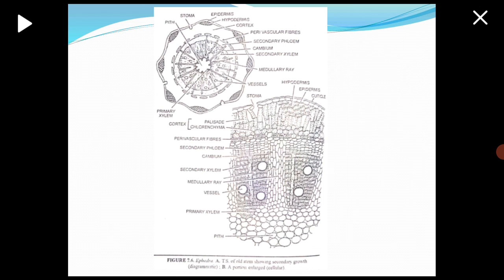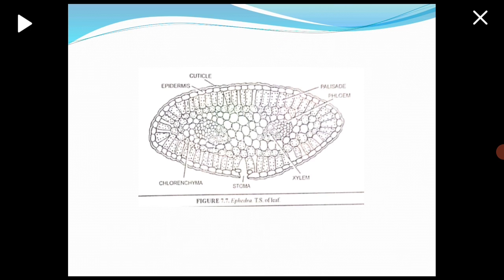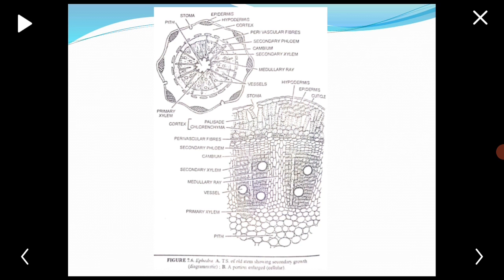Students, Ephedra is one of the gymnosperm plants in your syllabus which possesses vessels, and the other two plants, Cycas and Pinus, are devoid of vessels.